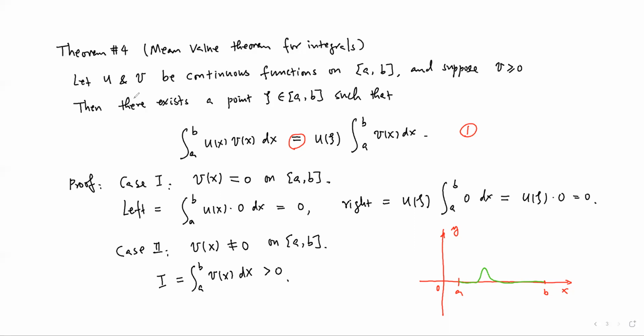On the other hand, U is a continuous function on the closed interval AB. So U has a maximum and has a minimum on the interval AB, right? That is the extreme value theorem in calculus 1. Alpha less than or equal to U of x less than or equal to beta for x in AB. Beta is the maximum function value, alpha the minimum function value.